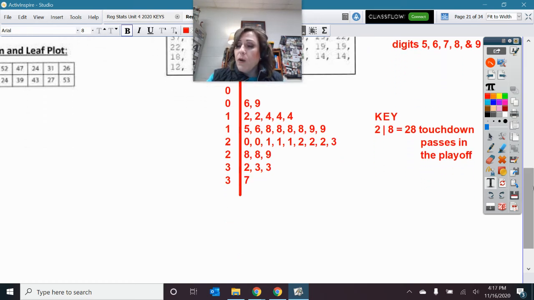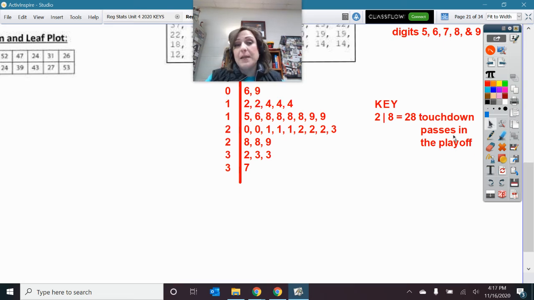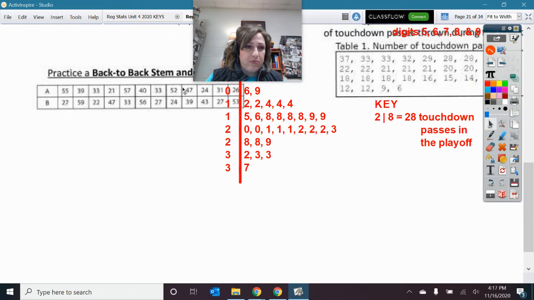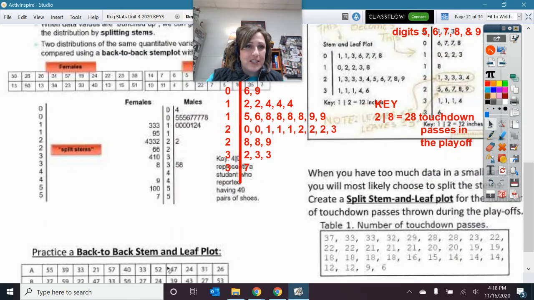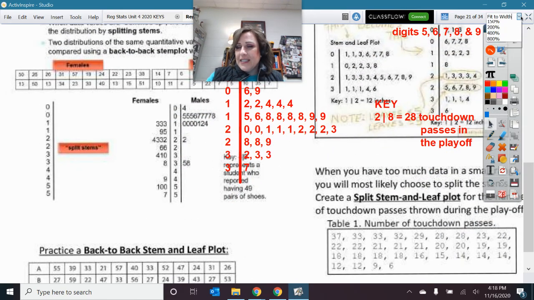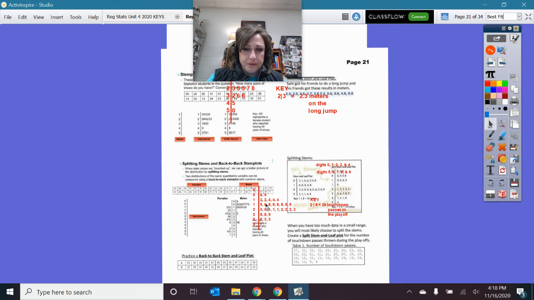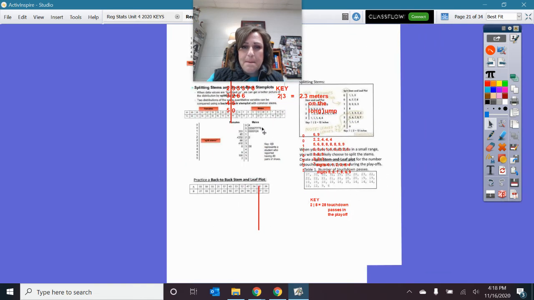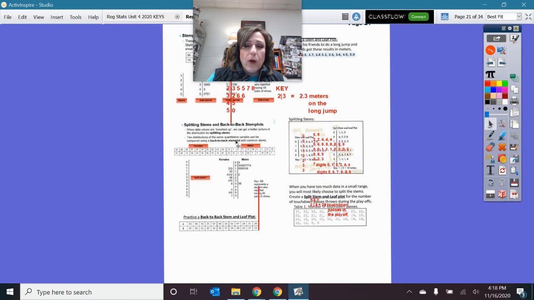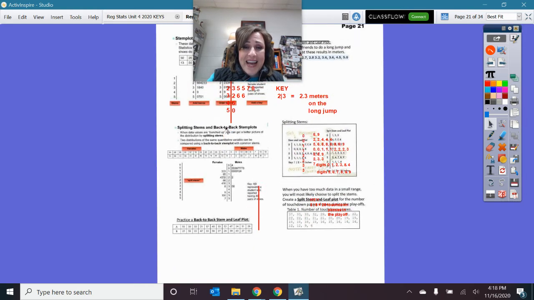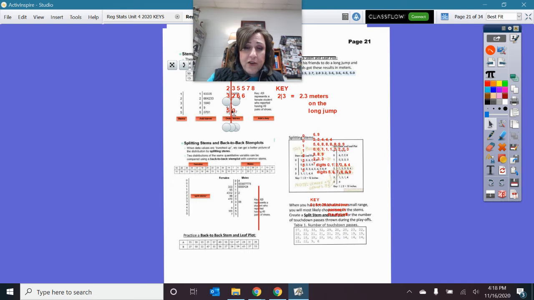All right, last one is this thing called back-to-back stem and leaf plots. So here we go, back to back. Let's take a look at what that's doing. All right, so I'm going to move all these guys here. This back to back is what you're going to do when you want to compare things.